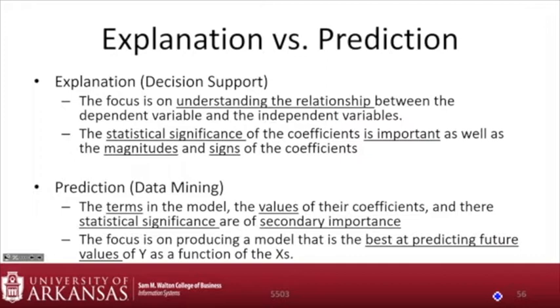Statistical significance is important. The magnitude of the coefficients, right? The slopes. How big is the slope? How influential is it? The sign of the slope, whether it's positive or negative. I'm trying to explain things with my equation. I'm trying to explain how net sales are impacted. Okay? I'm trying to explain what's going on. That's what's happening this semester.